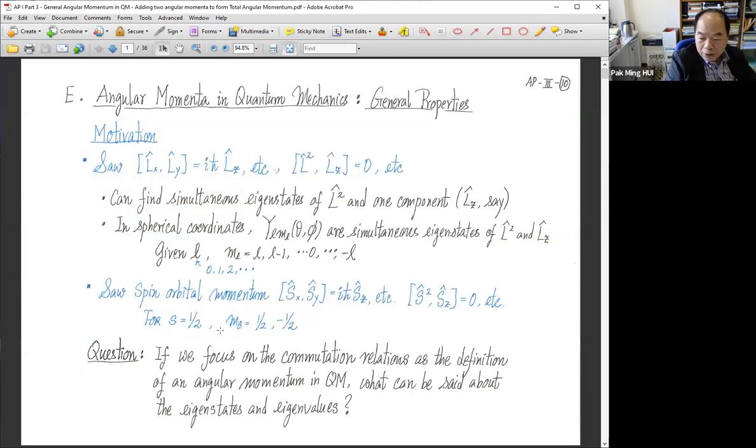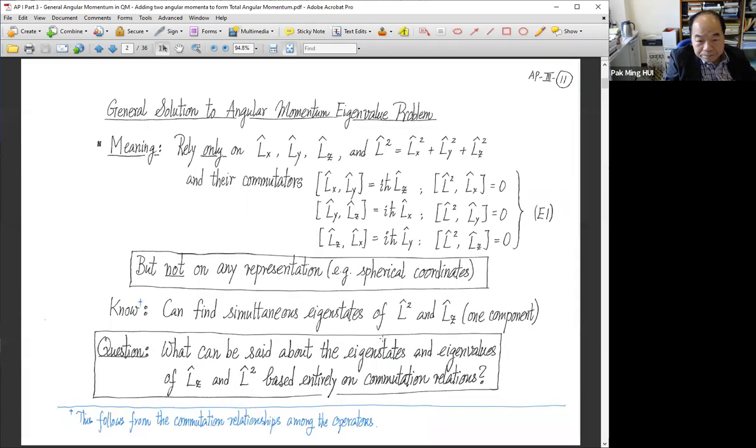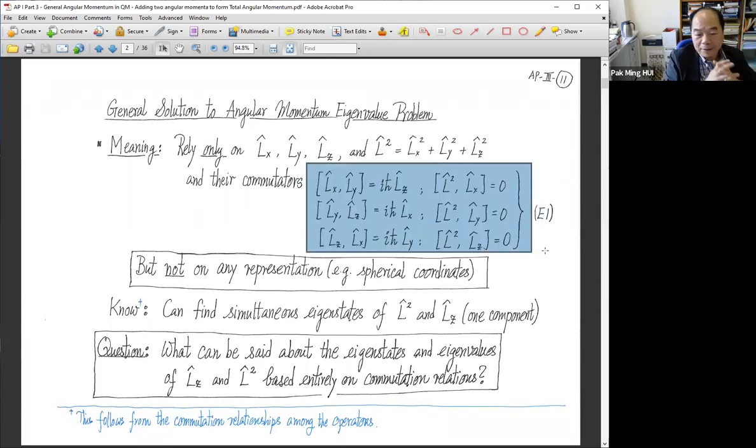So we would like to explore the following question next time. If we only focus on the commutation relations, that is to say, we use this and no more than that, only these 6 relations as the definition of an angular momentum in quantum mechanics, okay?